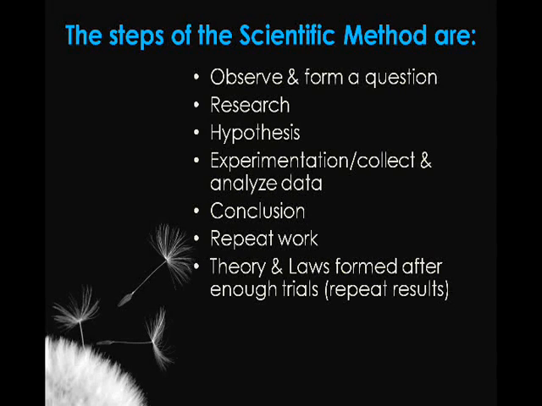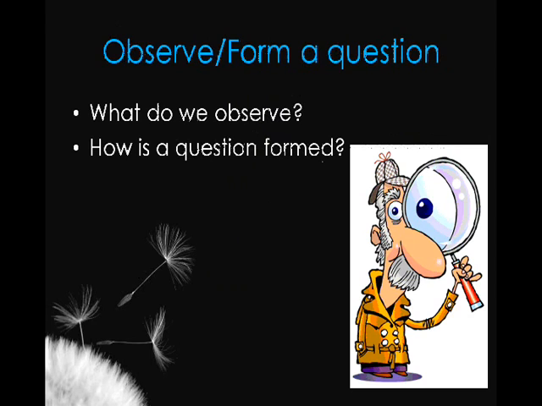Then an experiment is done, data is collected and analyzed, and a conclusion is formed based on the data that was collected. But it doesn't stop there. Scientists will also repeat their work, and after many scientists and many repeated trials, theories or laws will be formed.